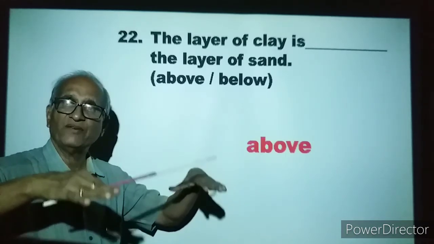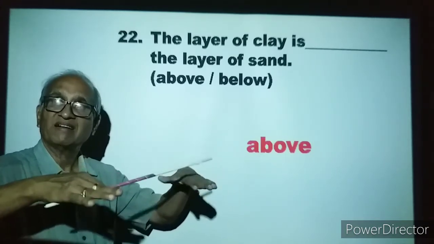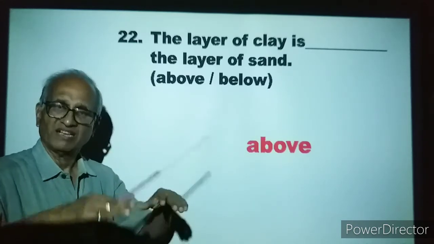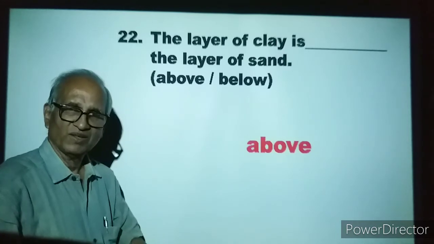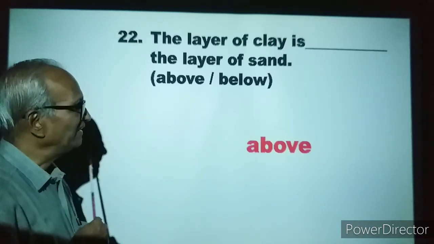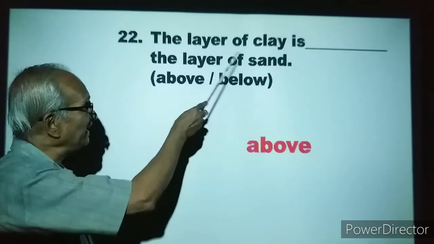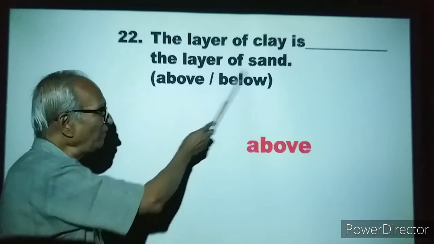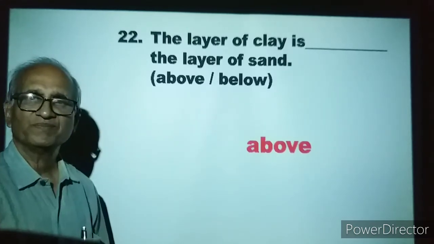Sand particles are heavier than clayey soil, they go down. They are heavier. Gravel goes down further. So sand is below the clay layer. The layer of clay is certainly above the layer of sand.